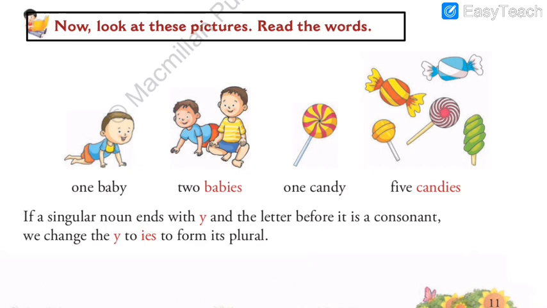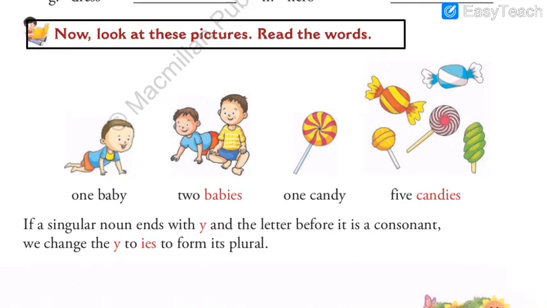So let us move on to the next heading and let us learn something interesting, the formation of plurals. So now look at these pictures, read these words. Okay students, so let us read.